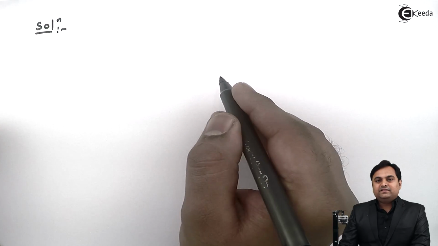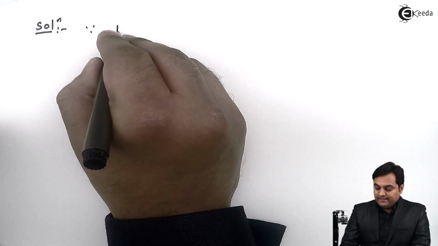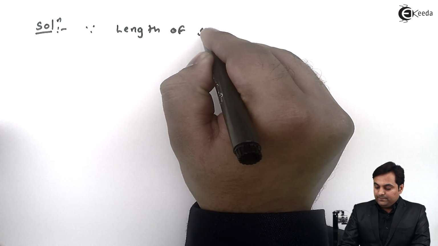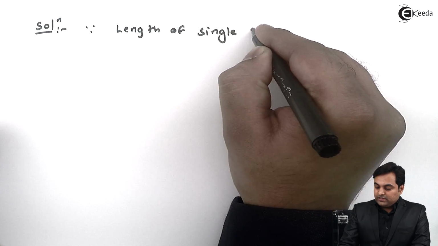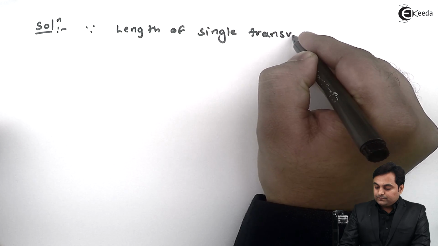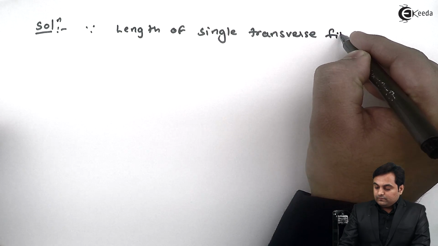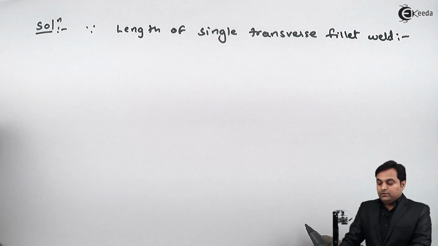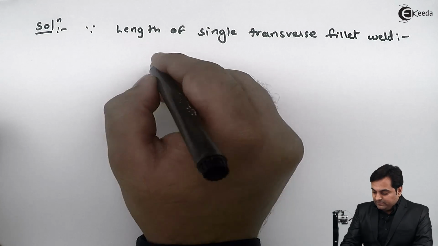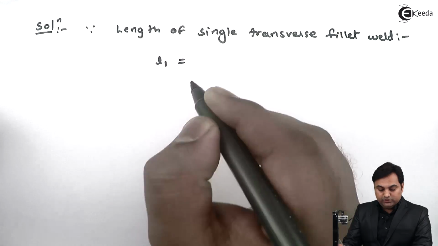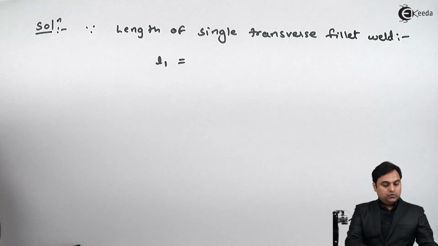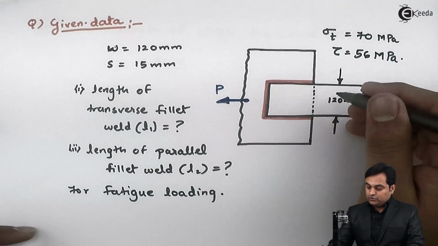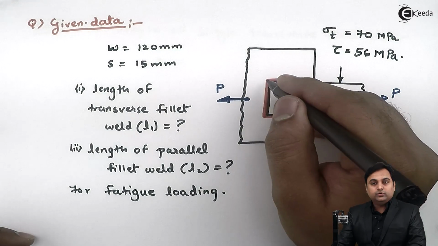The first thing I'll say that since length of single transverse fillet weld, this length is given by L1 is equal to, now from the total width, since the width is 120 mm, it is parallel to the length.